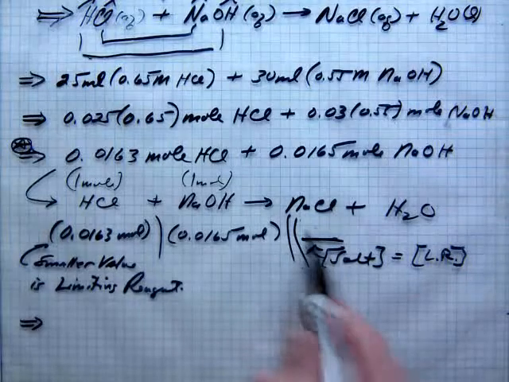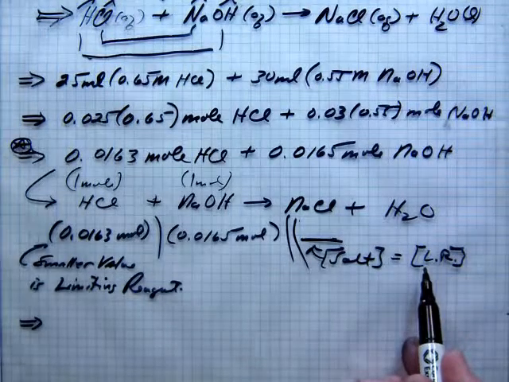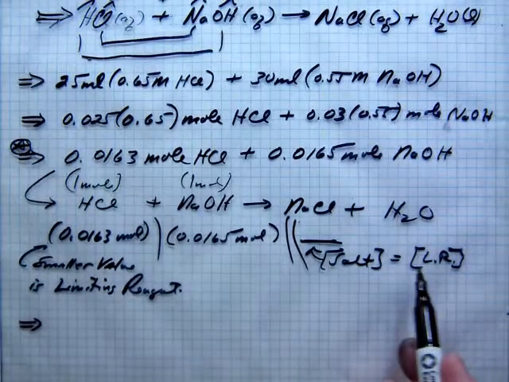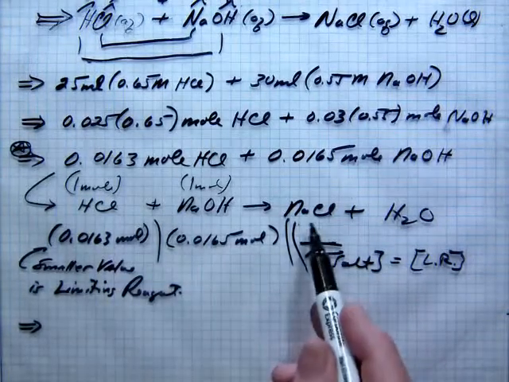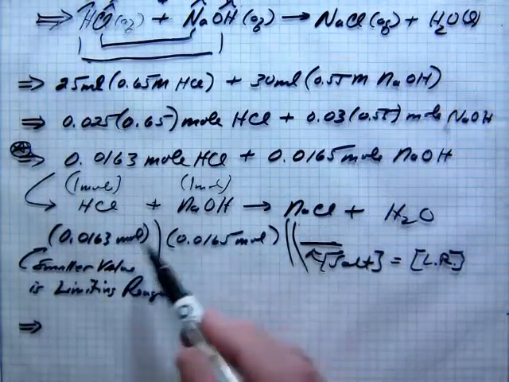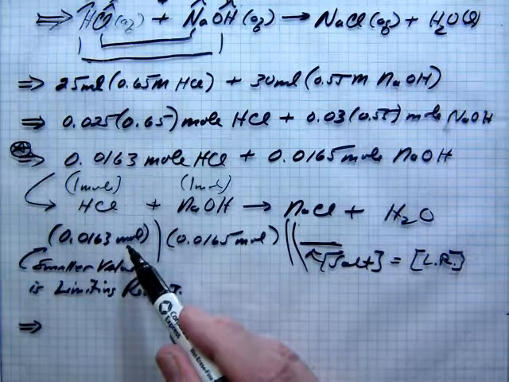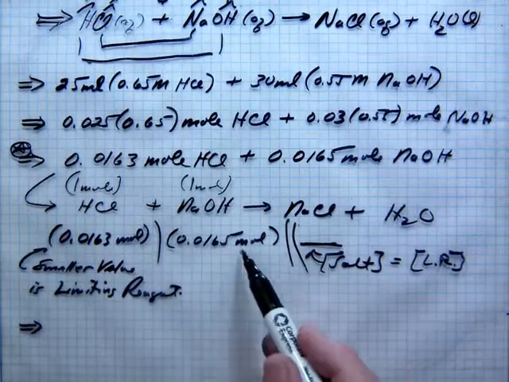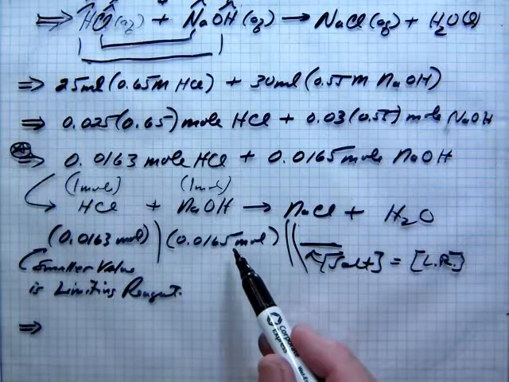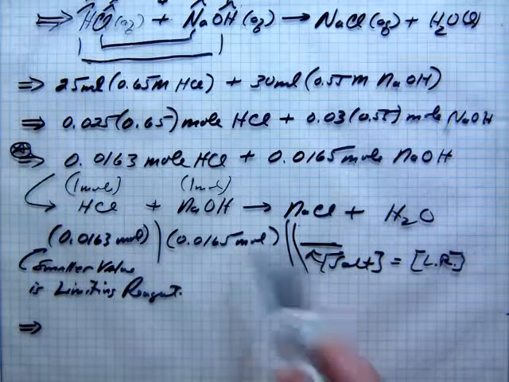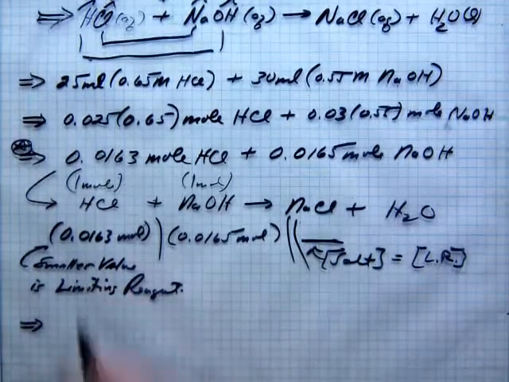So the salt generated over here is equal to the limiting reagent consumed. Because for every bit of HCl consumed, you're going to make a sodium chloride every time. But if you have more than the limiting reagent, it isn't going to make anything. It'll stay there by itself and sit there and mope because it didn't have anybody to react with. So the smaller value is the limiting reagent.